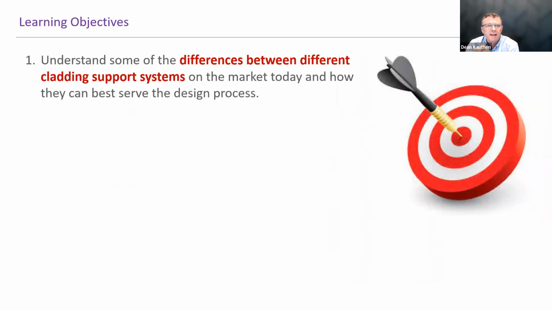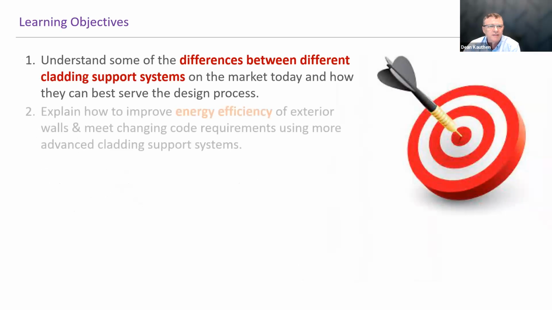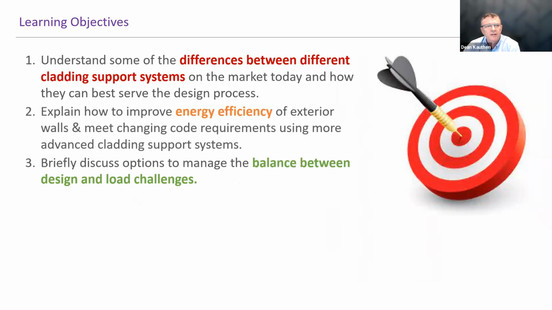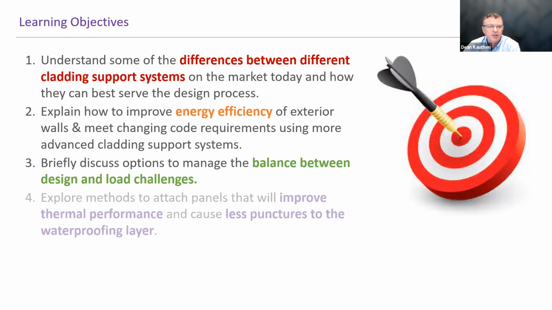So we'll look at the learning objectives. We'll talk about the differences between these different types of cladding support systems, how we can improve energy efficiency of our exterior walls. And we'll talk about the correlation between design and maybe some of the load challenges of attaching different types of cladding to the structure.